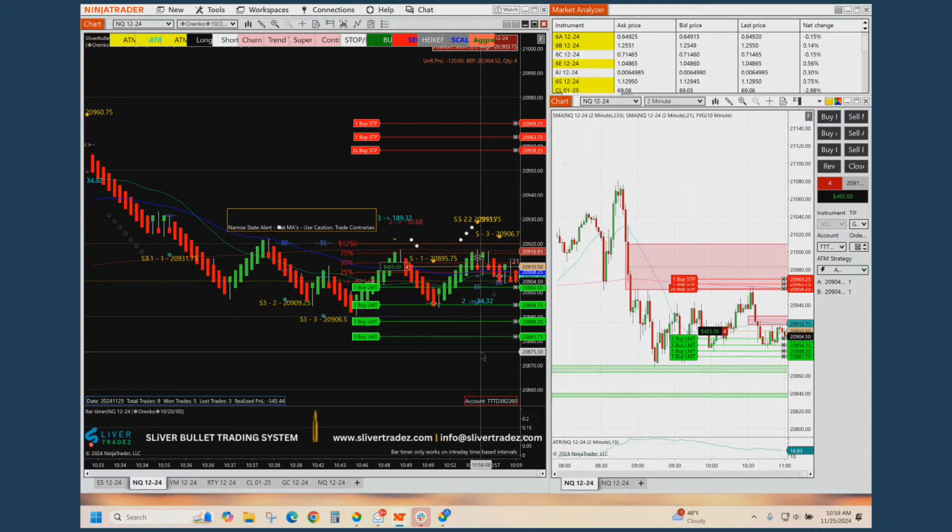Come down. It likes to play this game back and forth, back and forth. Scalpers are active.